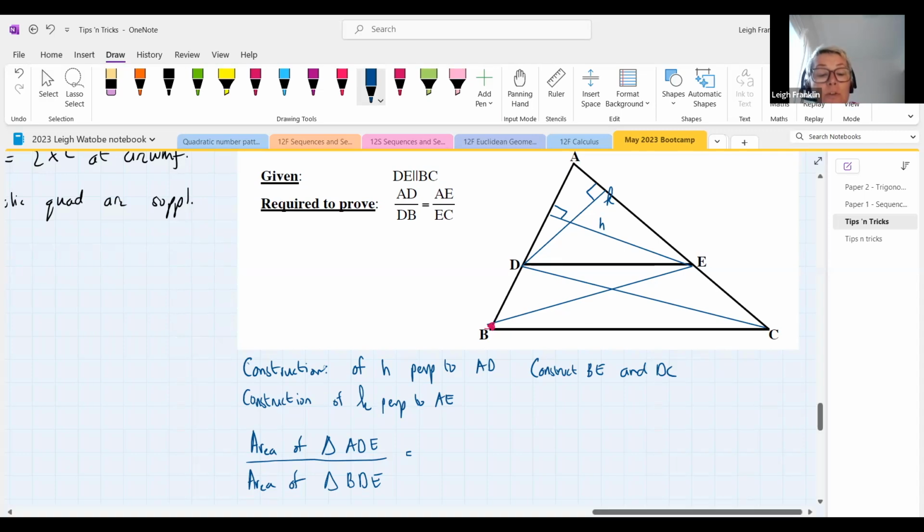We're going to use half base times height. So for triangle ADE, we would say half AD times H. Everybody happy with that? For triangle BDE, we are going to say half BD times H.